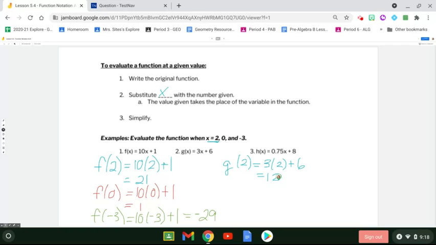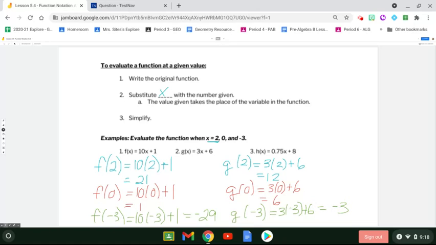We'll do g of 0, and you'll get 6. You can do g of negative 3, and you'll get an answer of negative 3.